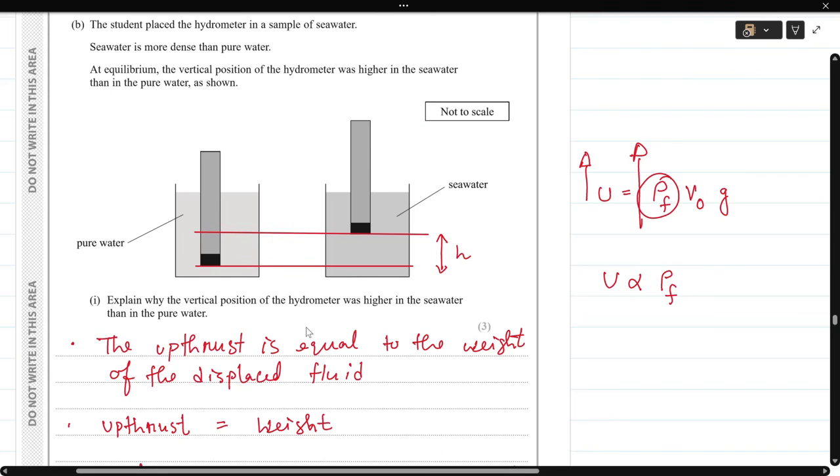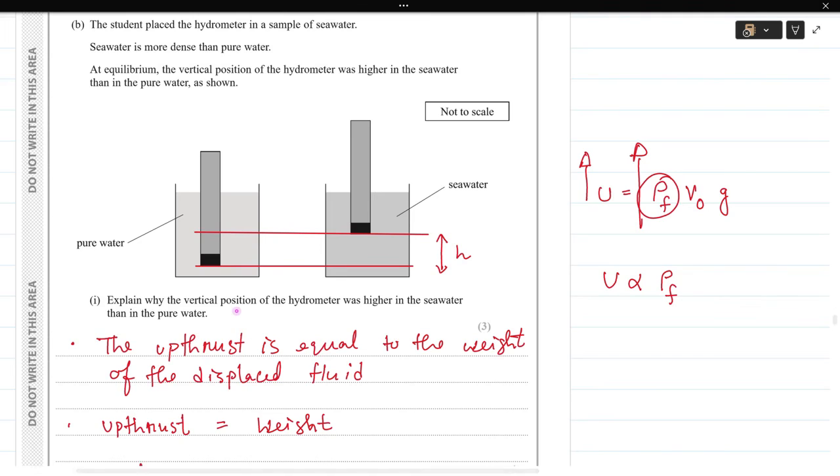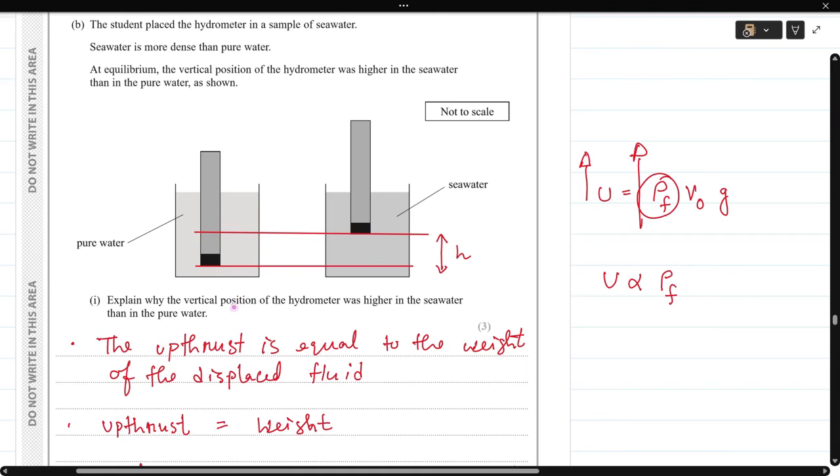They want us to find out this change in height. The way I want to approach this question is I want to find out this depth first, and then this depth, and then subtract them to find h.